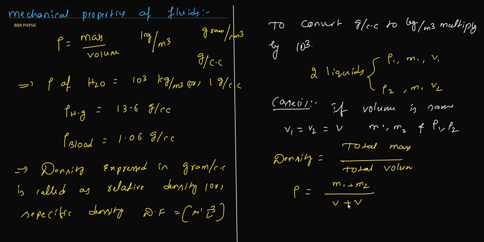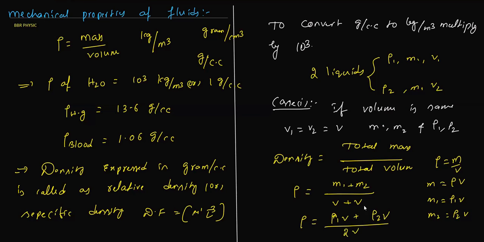You know that density is mass by volume, so mass is rho into v. So m1 is ρ1 into v, m2 is ρ2 into v. Why am I not writing v1, v2? Because volume is the same in this question. So substitute: rho equals ρ1v plus ρ2v divided by v plus v, which is 2v.